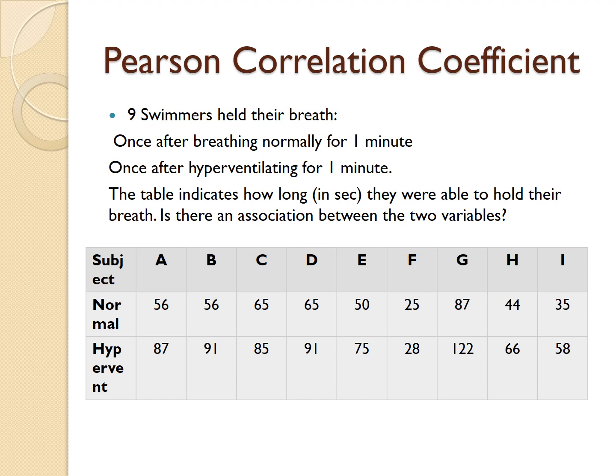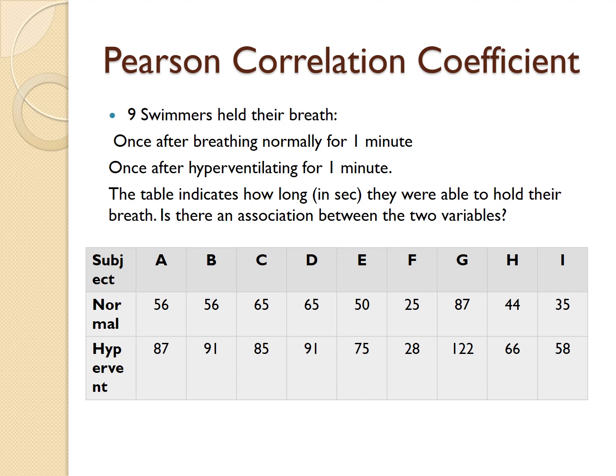So there are 9 swimmers from A to I, listed in the chart here on this slide, A, B, C, D, E, F, G, H, I, and now we are documenting how long they can hold their breath after breathing normally for 1 minute. So that's your normal breathing values here.